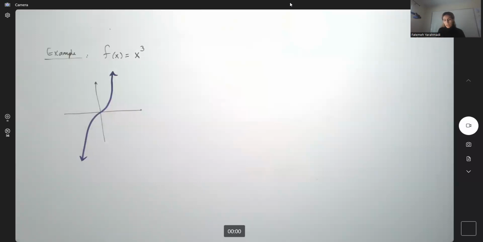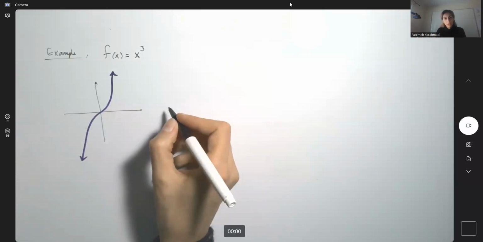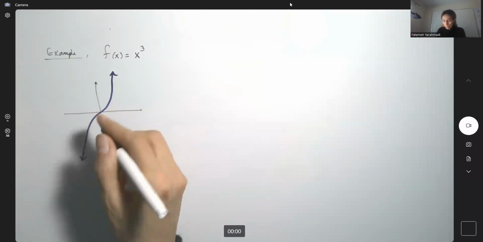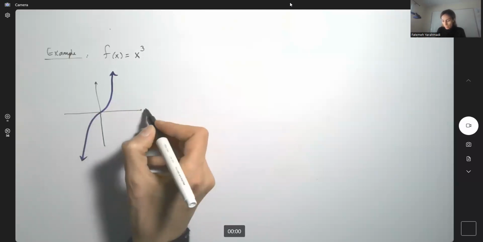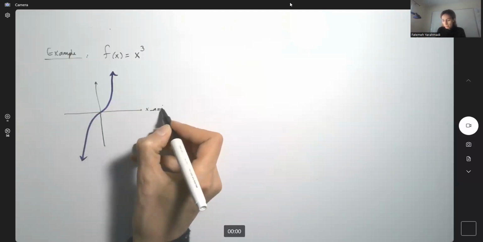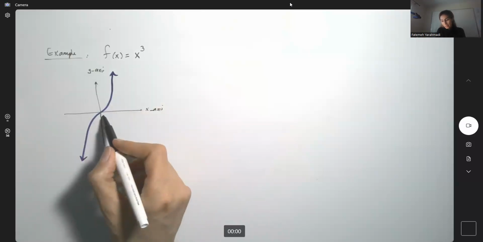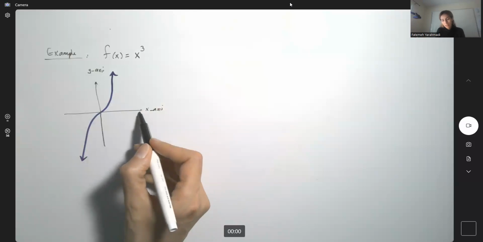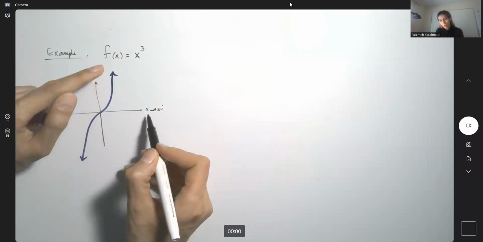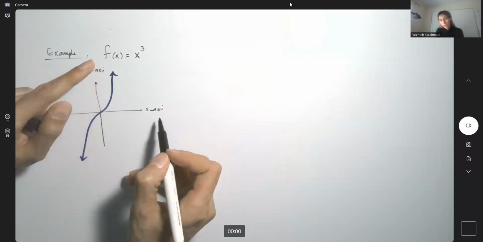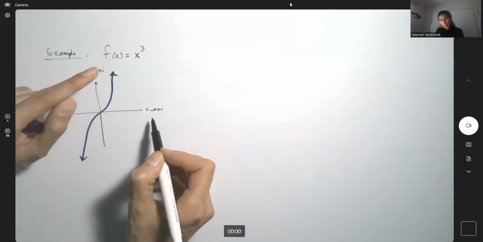So how do we analyze the behavior of this function at endpoints? This is your x-axis, and this is your y-axis. As x approaches positive infinity, what happens to your y? Your y goes to positive infinity as well.